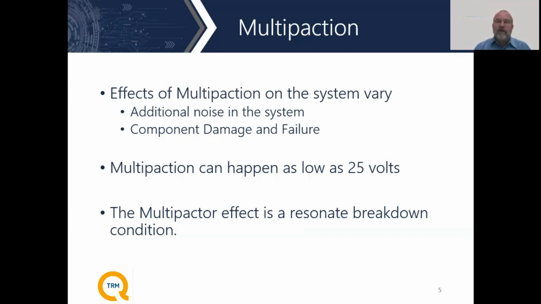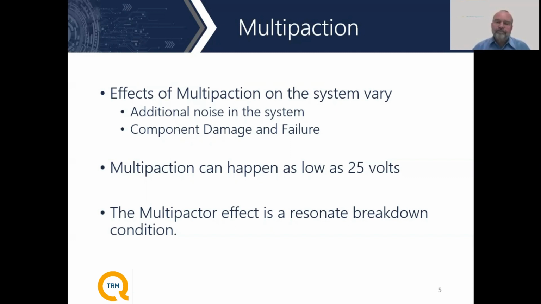In that case, you start getting damage much like you'd begin to see with a corona type breakdown, where parts are actually physically damaged. I think it's important to mention again that the multi-impactor effect is a resonant breakdown condition. You have to have several things happen in order to have the multi-impactor effect, with electrons jumping back and forth between two electrodes and then having that sustained resonant condition happening.